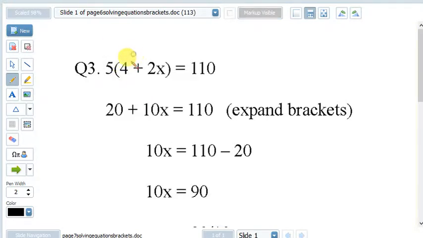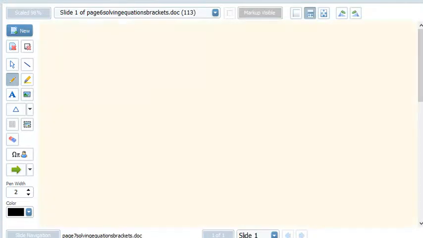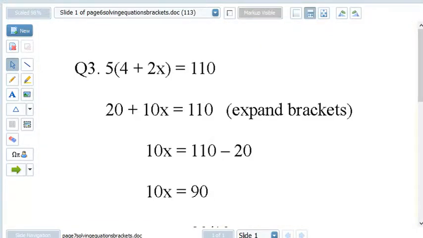We times everything in the bracket by everything immediately before. So 5 times 4 is 20, 5 times 2x is 10x, equals 110.